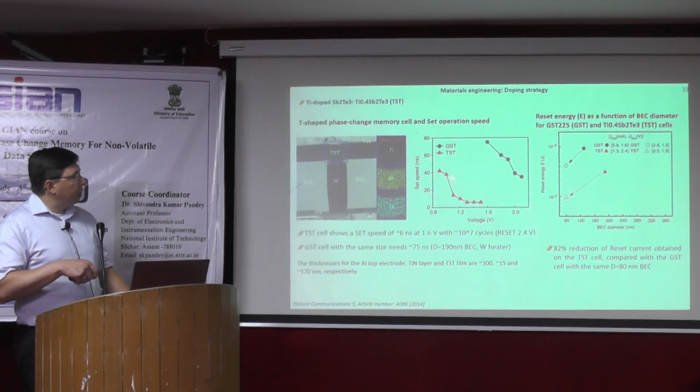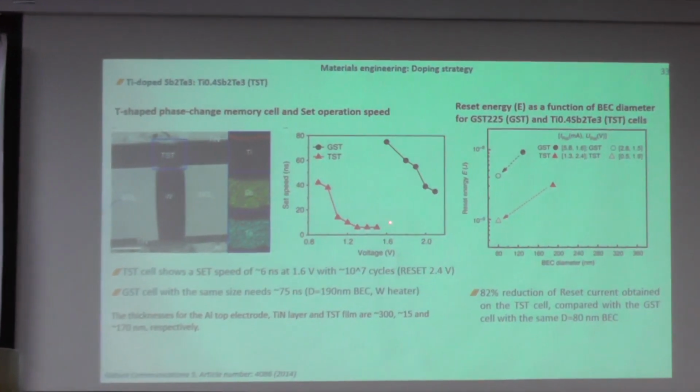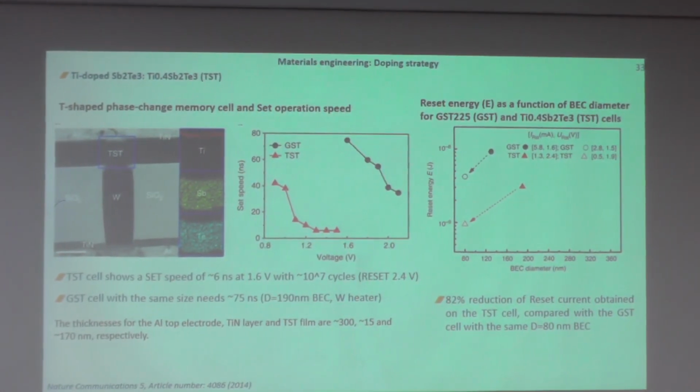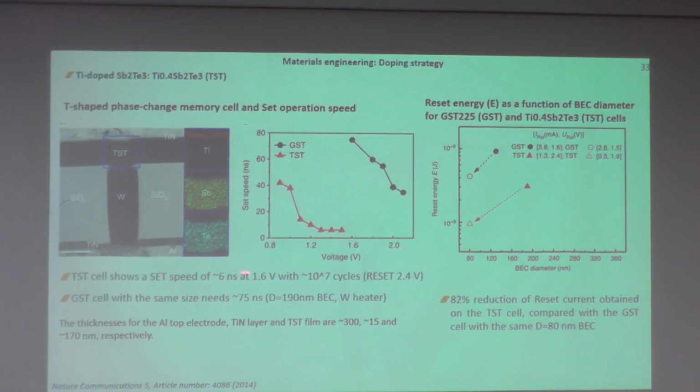The switching time can be improved, but we cannot reach values like those for scandium, so it is in the range of 6 nanoseconds. It's much faster than GST, which is in the range of 75 nanoseconds, with the same CMOS technology.